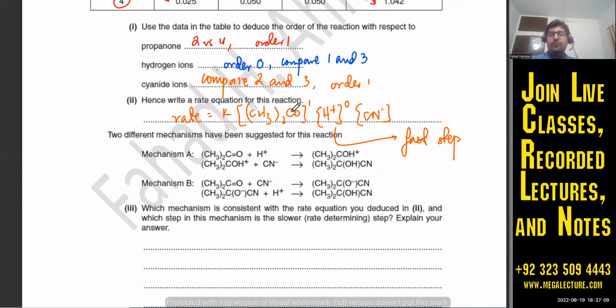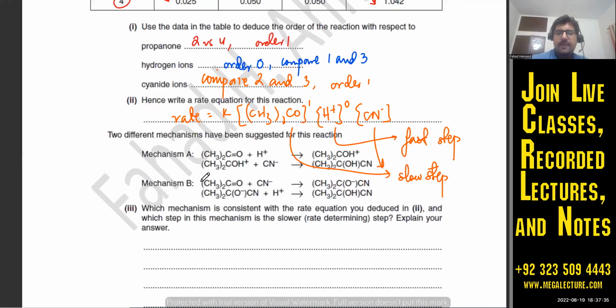So these two, they're involved in the slow step. This one, the rate of the reaction does not depend on it, so it's probably in the fast step. These two will be in the slow step. So which one is the proper mechanism for this reaction?